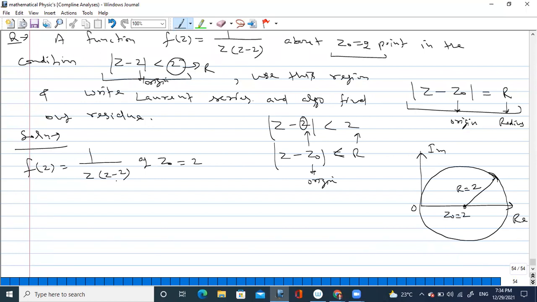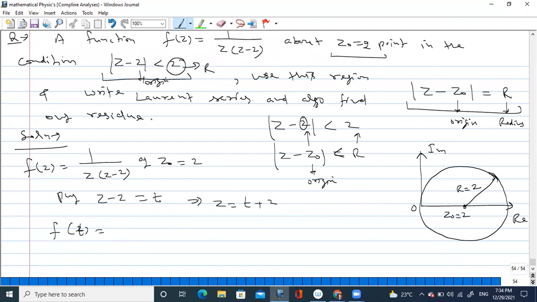So what you do here, put z minus 2 equal to t. Then z will be t plus 2. So replace it here, and at the last we will change over this, t will be converted back to z.